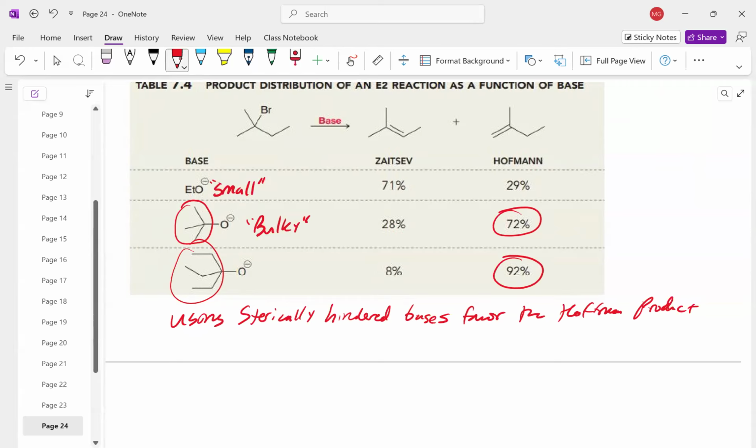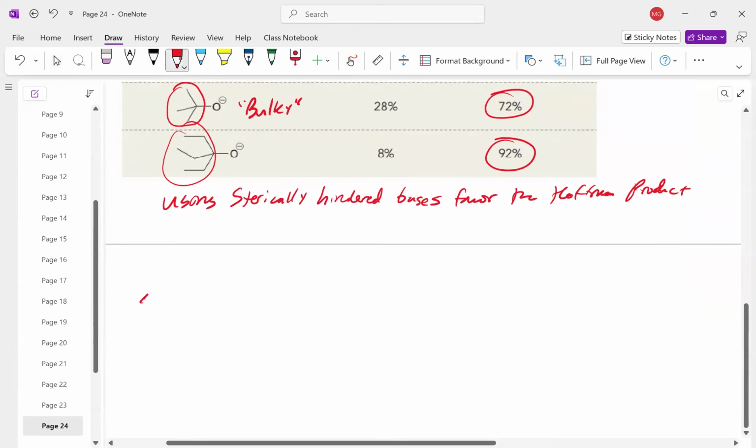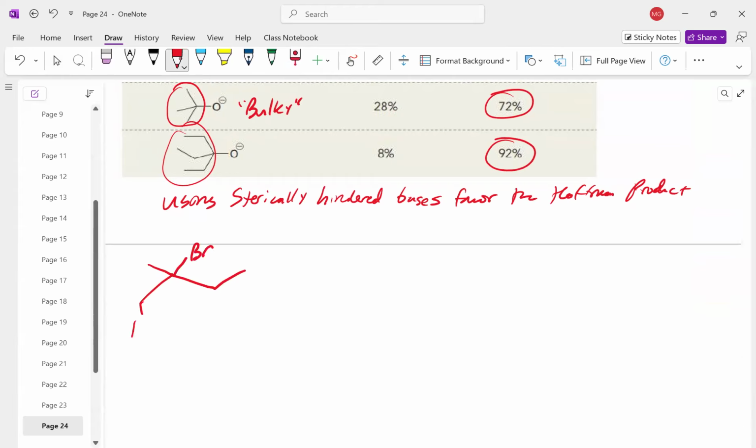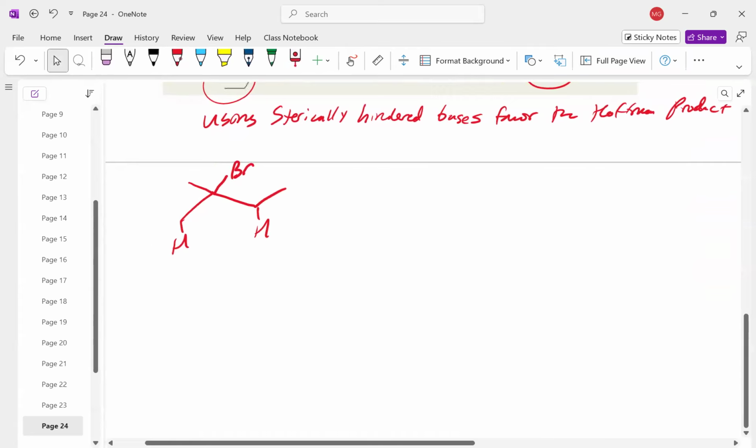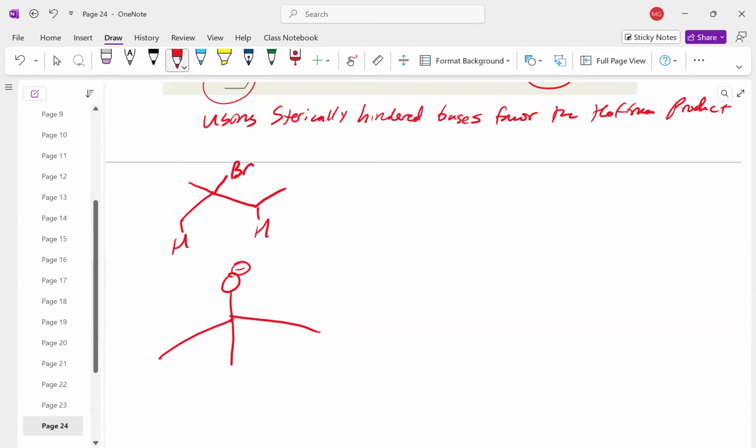Now let's take a look at why. So I'll use the same substrate here. And again, I'll draw my two hydrogens. I'm going to exaggerate this to emphasize a point. Here is our big, bulky base. Which hydrogen, again, I'll label these the same way, beta 1, beta 2, which hydrogen do you think that base would have an easier time getting to, given the fact now that it's bulky, it's sterically hindered?